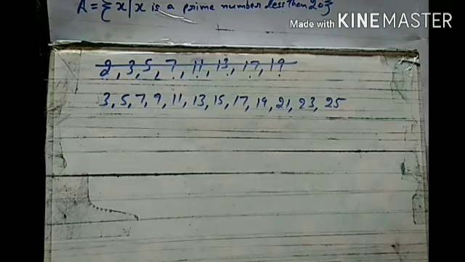Or I can say all the odd numbers less than 27, or all the odd numbers lying between 1 and 27. It depends upon you how you define that. So I am going to write the set builder form.